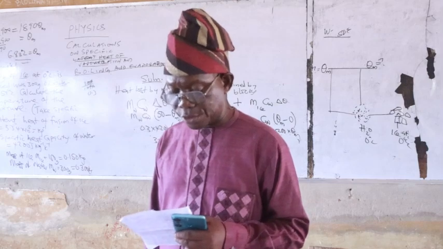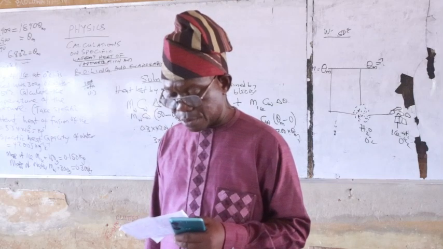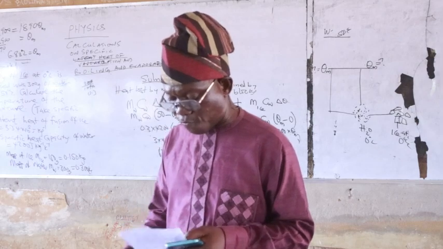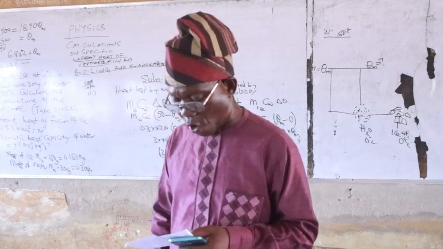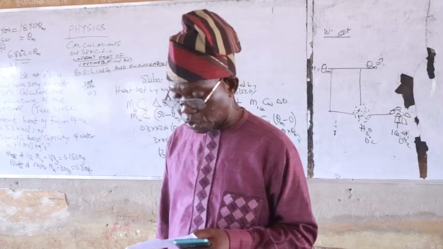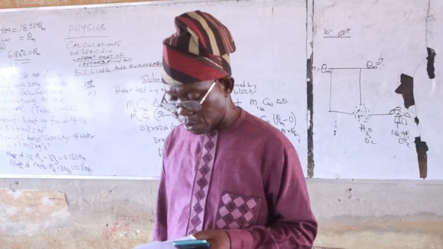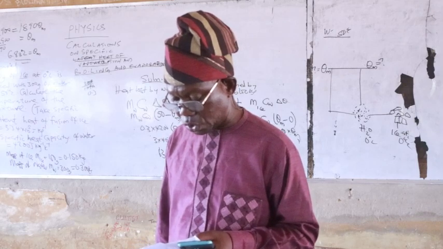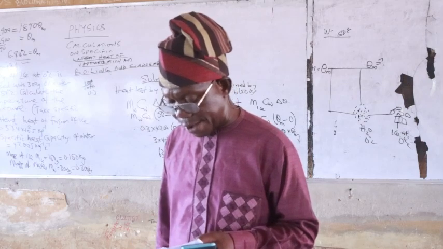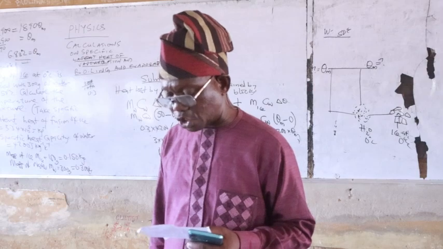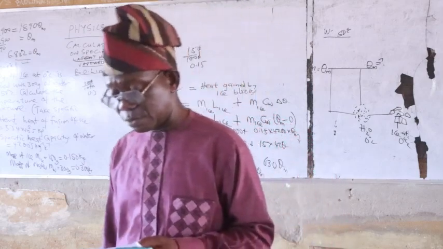Roman figure 3. 9.45 times 10 raised to power 3 joules, 150 grams, and from 15 degrees Celsius to 45 degrees Celsius.